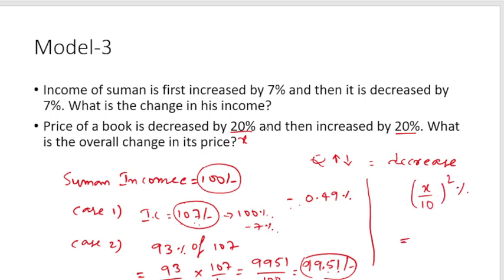Here x equals 20, so 20 by 10 whole square percentage, the zero gets cancelled, and that is equal to 4 percentage. But we already discussed that overall it will decrease, so the overall change is a decrease of 4 percentage. Like this, by using the shortcut we can find it. It's better to use the shortcut.